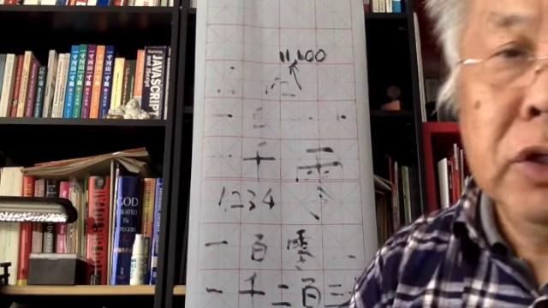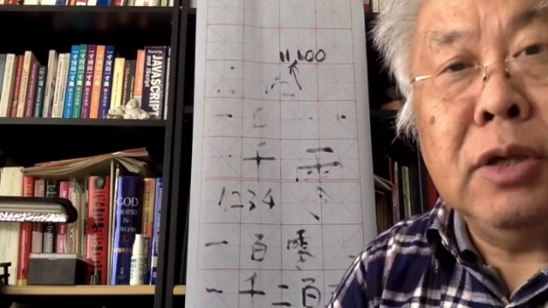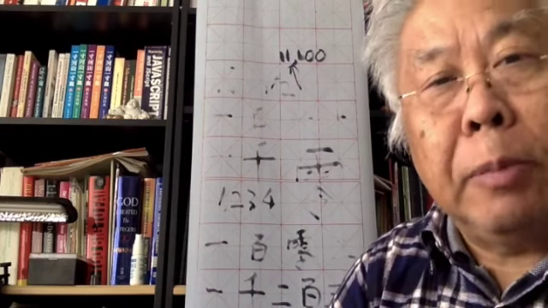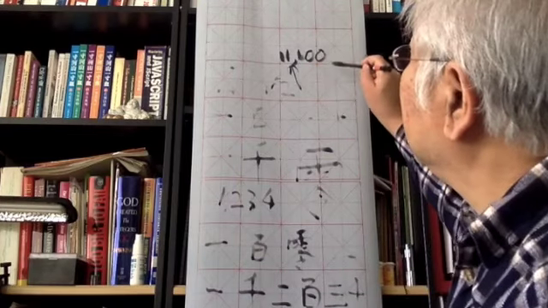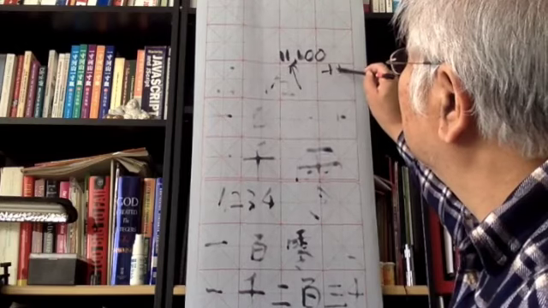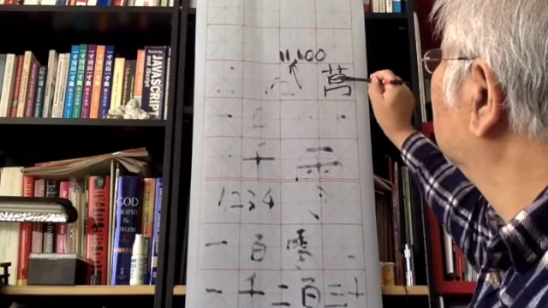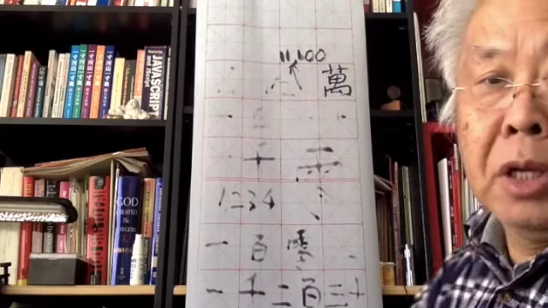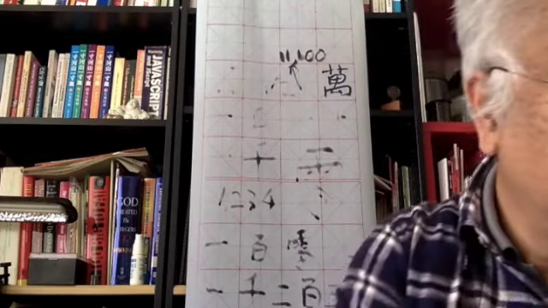Unfortunately, Chinese is 4-digit based. That means we have one word which represents 10,000. The word is like this. This is the word standing for 10,000.